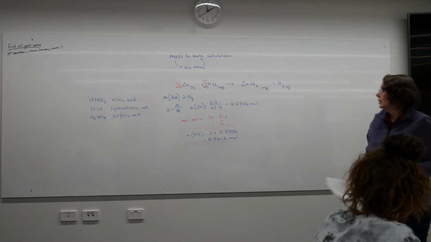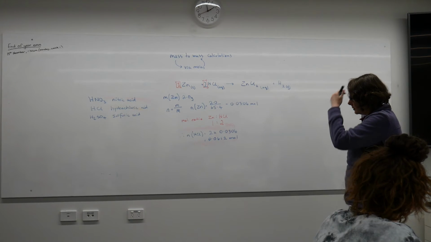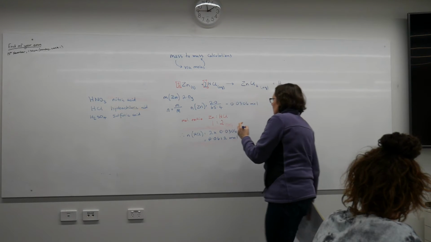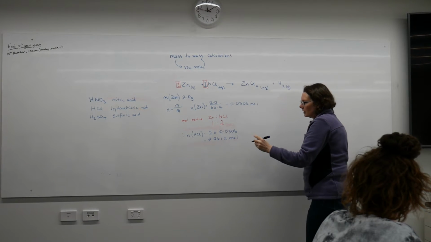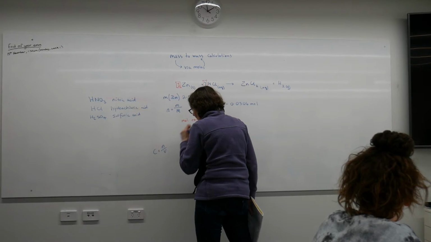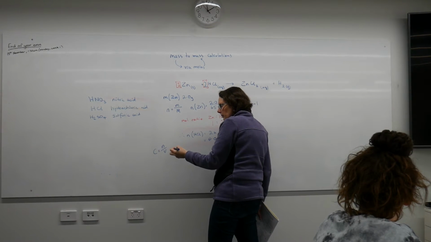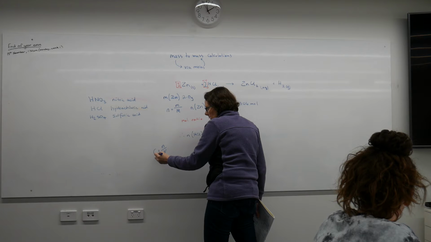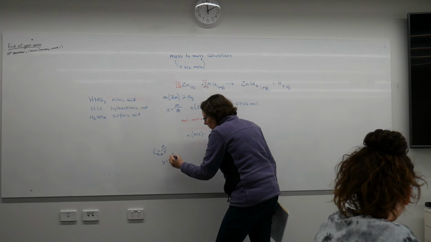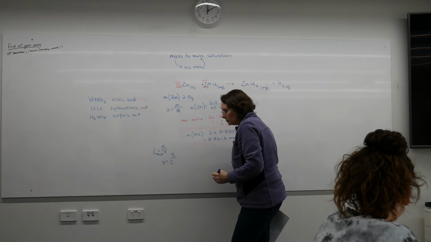Now, because we want to find the volume of a solution, we have to go back to using our c equals n on v relationship. If I'm finding volume, these will swap around, so volume will equal the moles divided by the concentration.